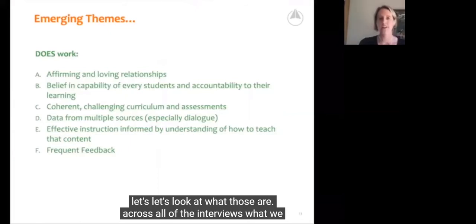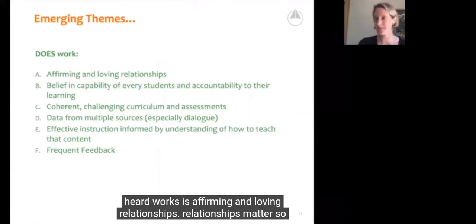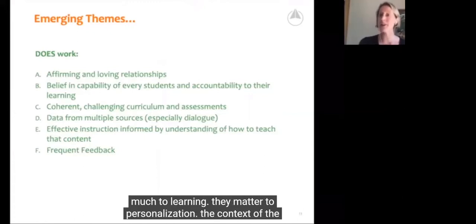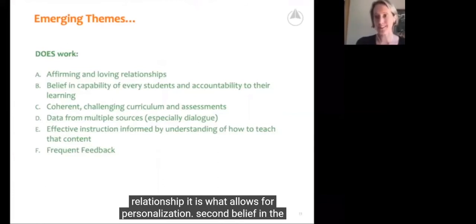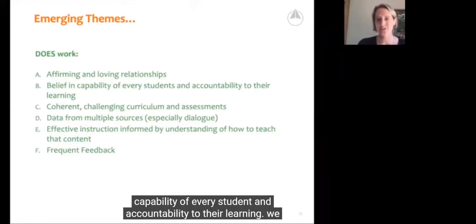Across all of the interviews, what we heard works is affirming and loving relationships. Relationships matter so much to learning. They matter to personalization. The context of the relationship is what allows for personalization. Second, belief in the capability of every student and accountability to their learning.